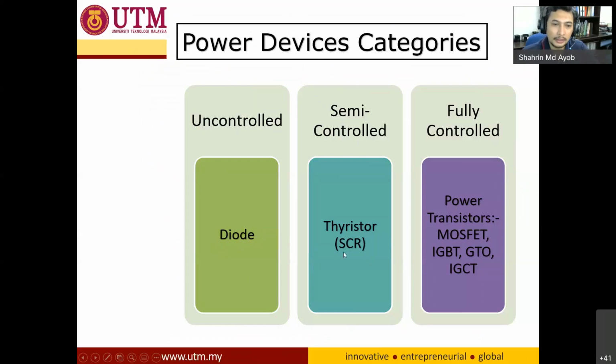We have two types of diode: the diode used for electronic circuits and the diode used for power circuits. To differentiate, we sometimes write power diode, power thyristor, and power transistors, to differentiate from the transistor that is suitable for electronic circuits.